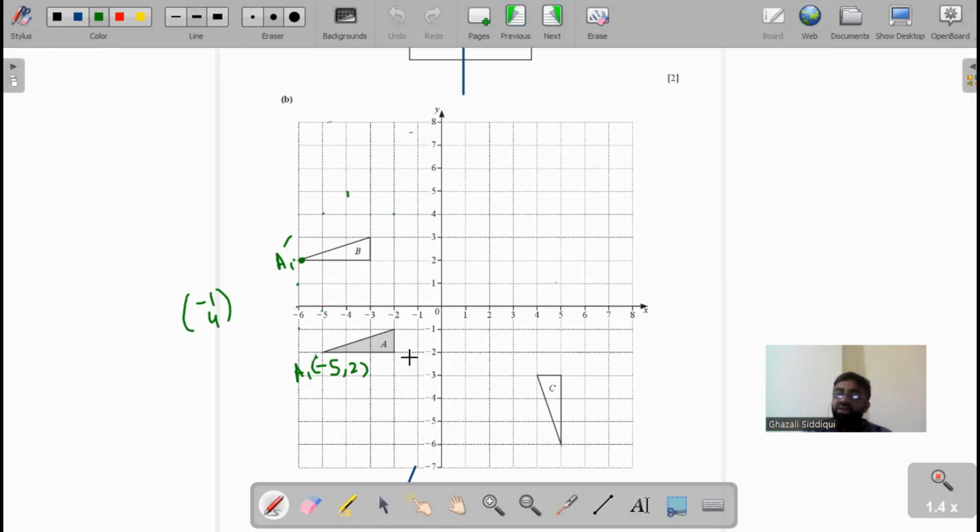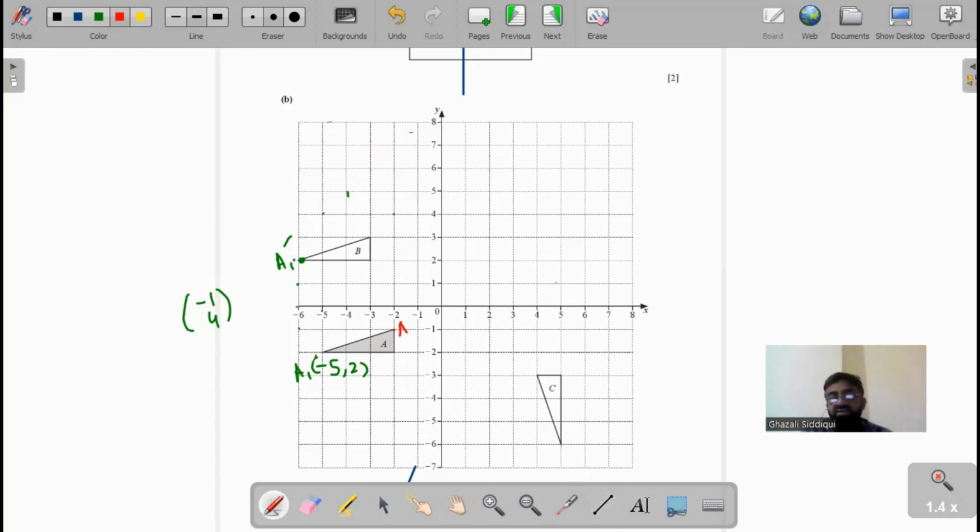Now to find the angle of rotation, firstly we find the center of rotation. To find the center of rotation, we join the points of triangle A to the points of triangle B. Suppose the first point is A1.